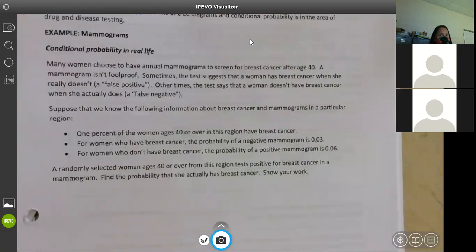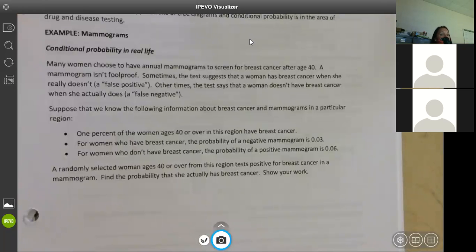Suppose that we know the following information about breast cancer and mammograms in a particular region. 1% of the women ages 40 or over in this region have breast cancer. For women who have breast cancer, the probability of a negative mammogram is 0.03. For women who don't have breast cancer, the probability of a positive mammogram is 0.06. A randomly selected woman ages 40 or over from this region tests positive for breast cancer in a mammogram. Find the probability that she actually has breast cancer. Show your work.